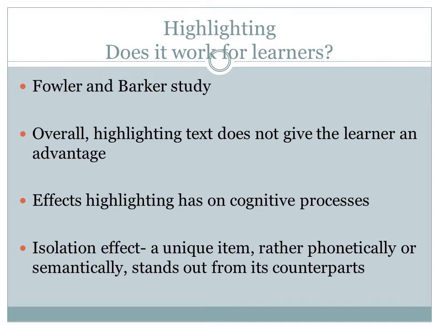And so that is the isolation effect. Sometimes there is a cognitive process that can make highlighting useful for the learner, if what they highlighted seems to be a little different than the other context of their material. With that, they are more likely to learn it.